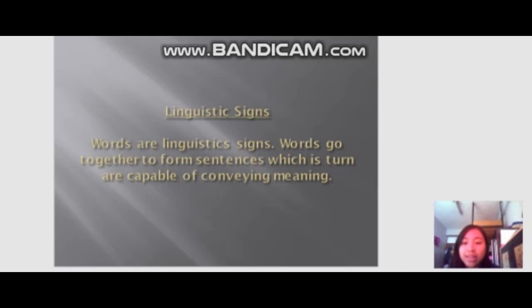Words are linguistic science. So linguistic science is all the words, and words go together to form sentences, which in turn are capable of conveying meaning. As a listener, don't just listen, but observe the speaker and the intention of the speaker from the words that we hear.